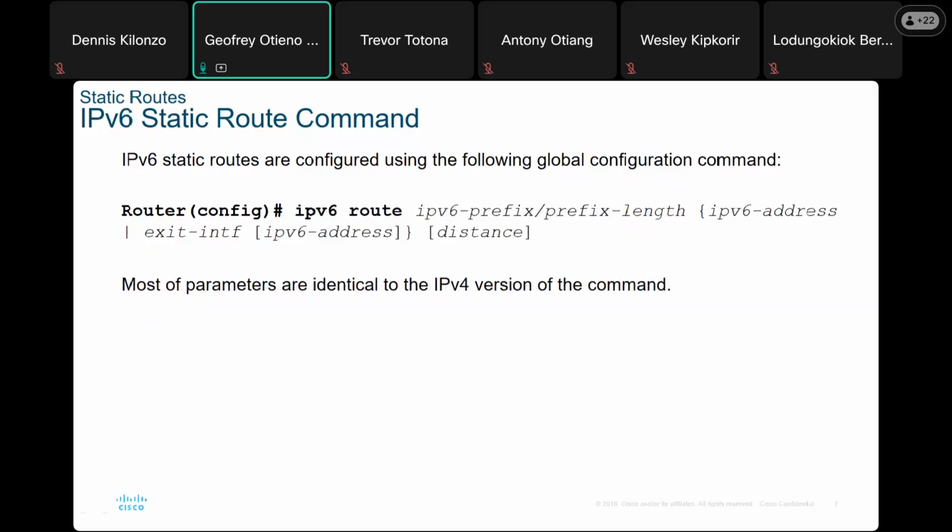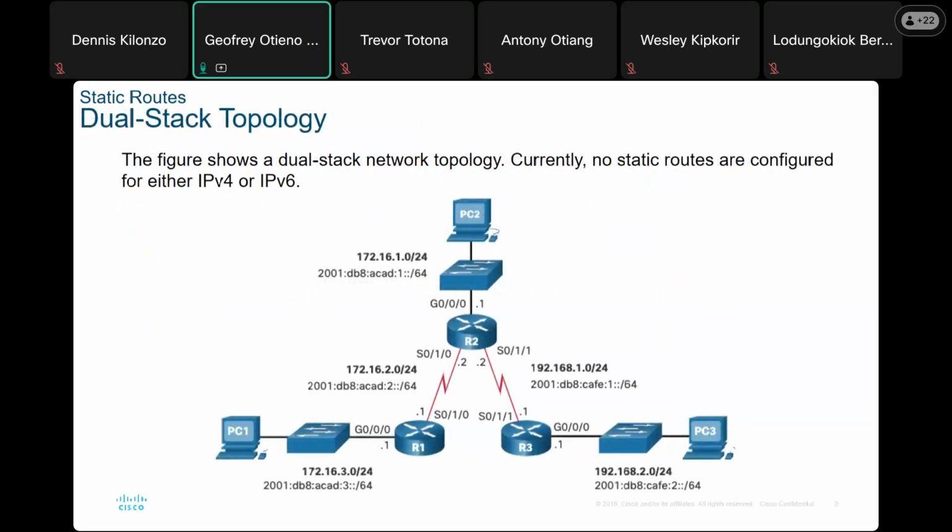In the case of IPv6, same thing. It's just ipv6 route, IPv6 prefix, then prefix length. Now with the IPv6 address, exit interface, or both. So that's really what you need to consider there.